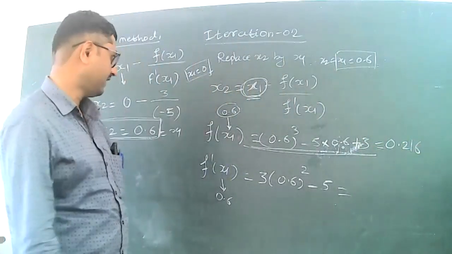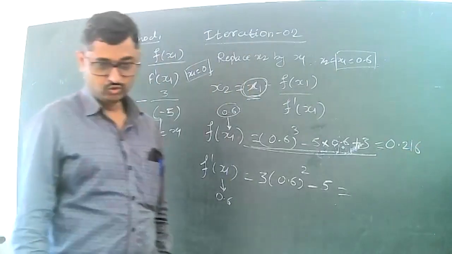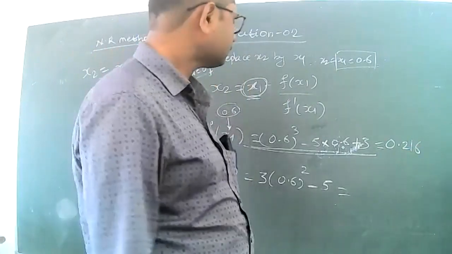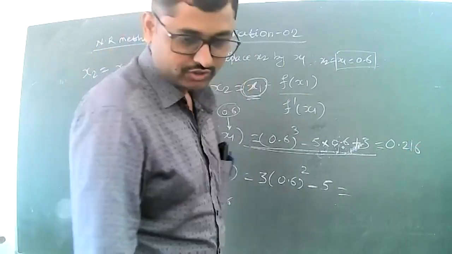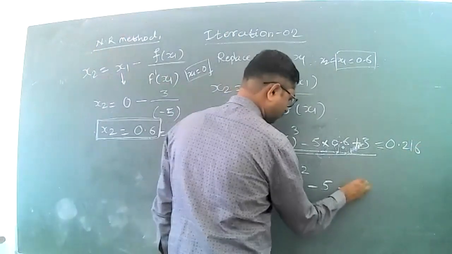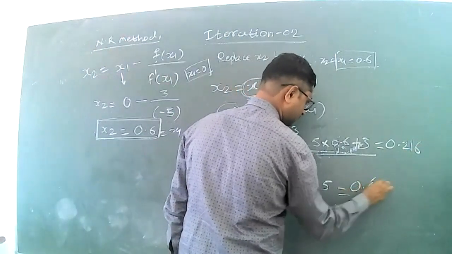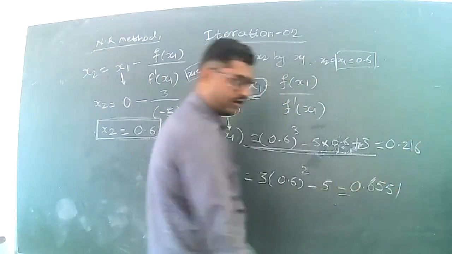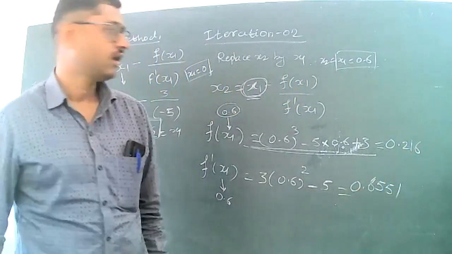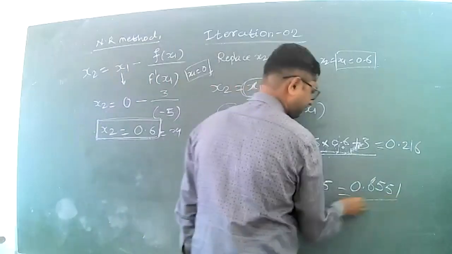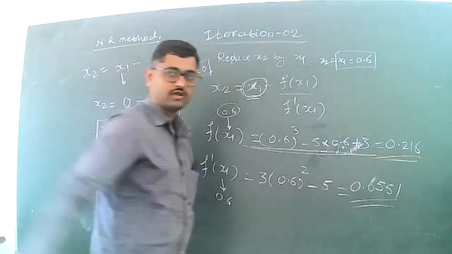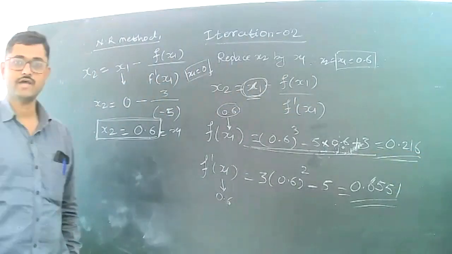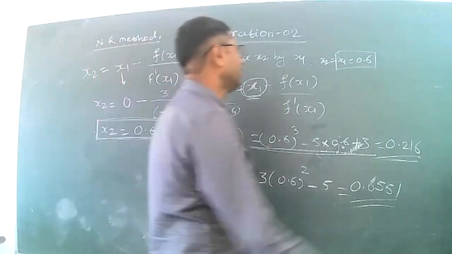By calculation, f of x1 is equal to 0.216 and f dash of x1 is 0.6551.